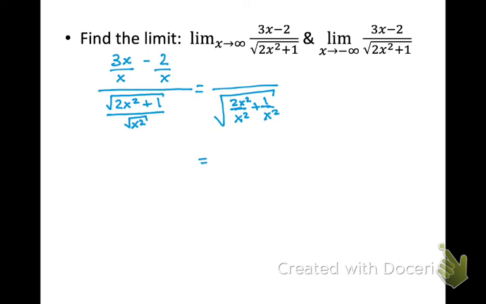Okay, so 3x over x becomes 3. I forgot my limit. We're going to do x approaches positive and negative infinity, right? So I get 3 minus 2 over x. And your denominator would be the square root of what? 2 plus 1 over x squared. Okay.